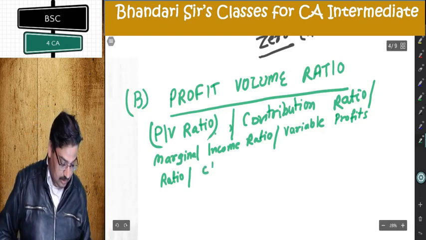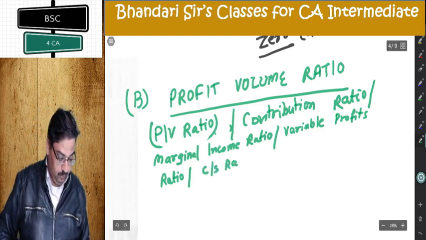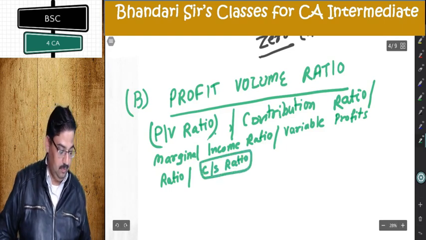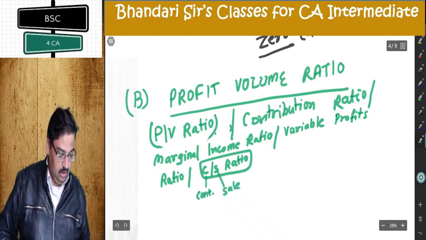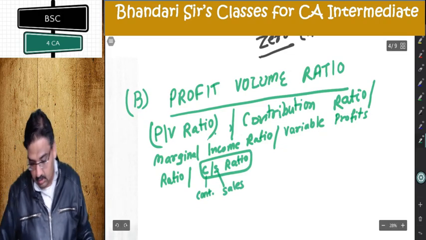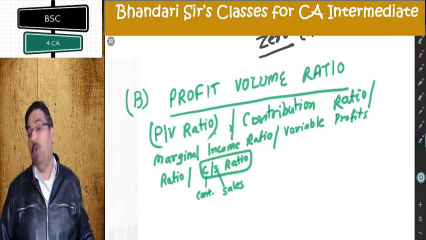It is called CS ratio. What is CS? C for contribution and S for sales. This is what explains the first formula also.